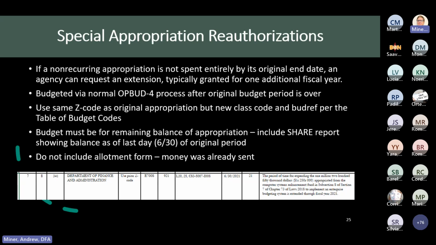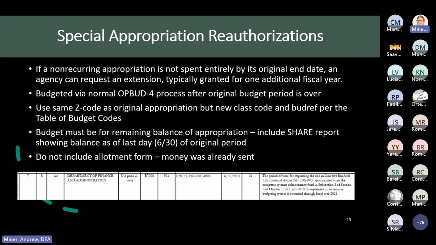When is the list of Z code appropriations posted to SBD's portal? So very, very soon after the budget bill becomes law. So it's always an extreme time crunch, especially when we have the junior bill too. We are talking about hundreds of non-recurring appropriations that all have to be set up with a Z code and class code and BUD ref and all that stuff.